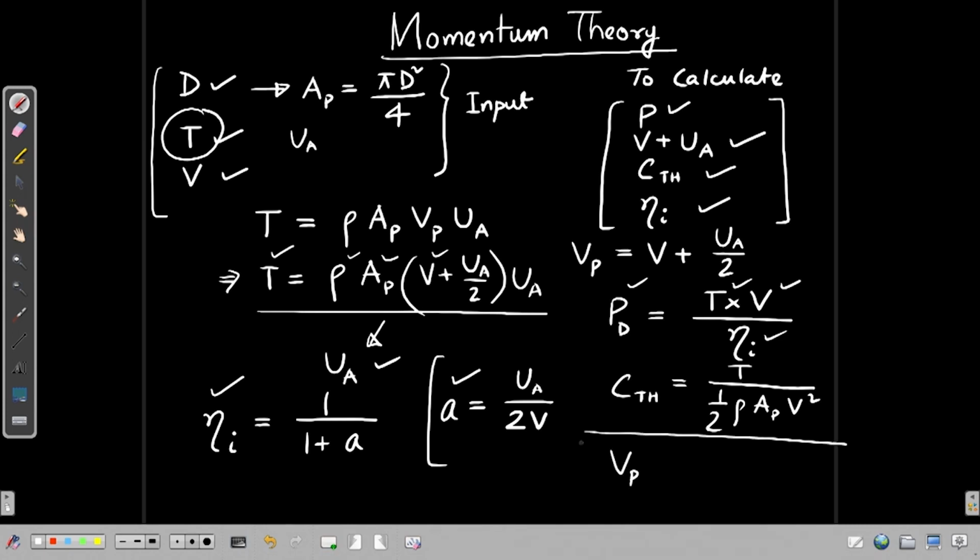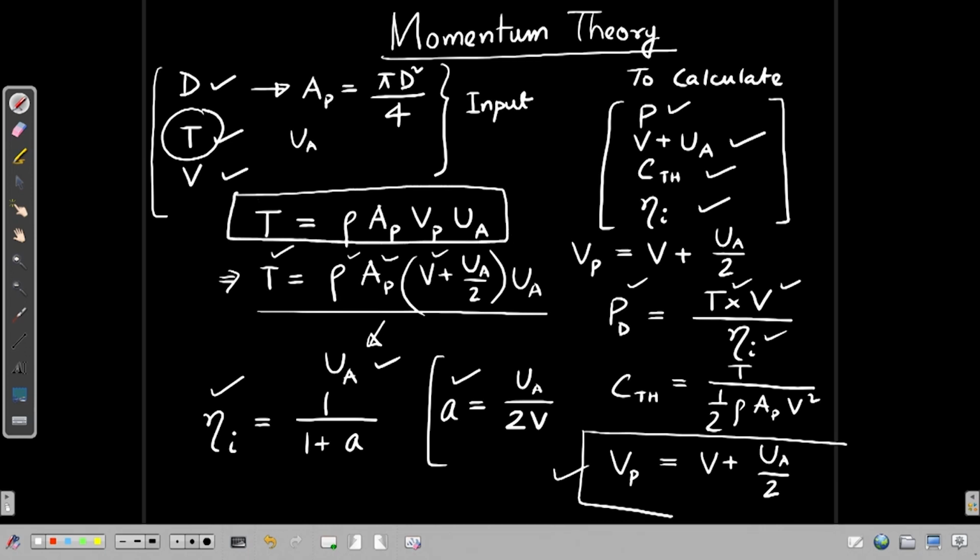So, for example, if V plus UA is given, we can calculate Vp by V plus UA by 2. From the value of total V plus UA, we can calculate only UA, and then we can calculate the value of Vp from that, and we can use this value to calculate the thrust, which is unknown if the problem is given in that way.